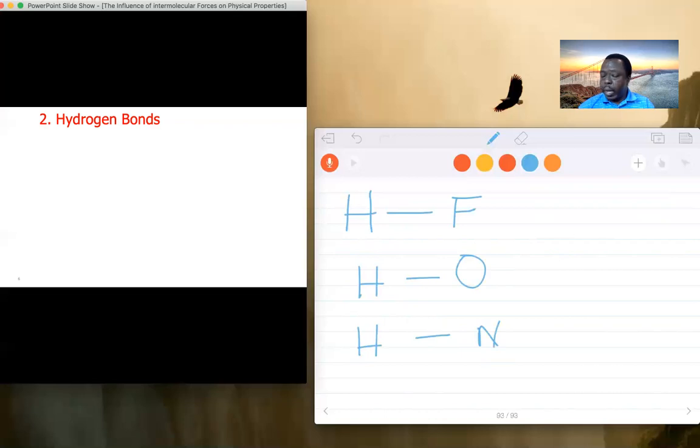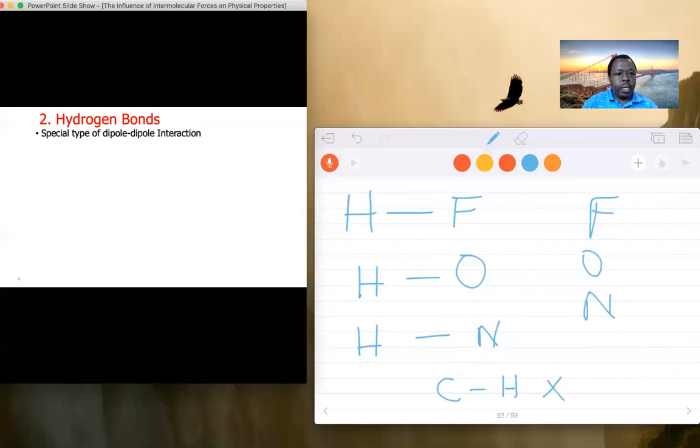These are the only elements you'll see associated with hydrogen bonding. I always say this is fun, F-O-N, fun. Other than that, for example, the attraction between hydrogen and carbon is not hydrogen bonding. It has got to be the three elements listed in there, that special type of dipole, dipole.